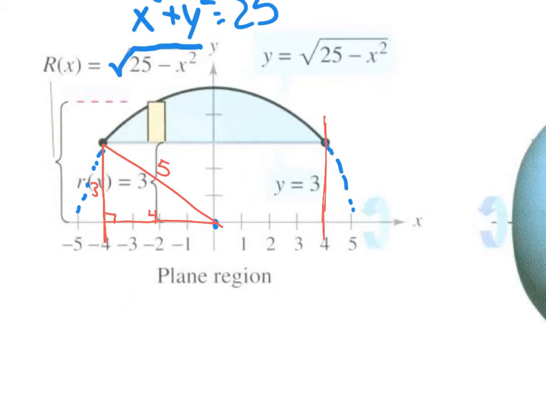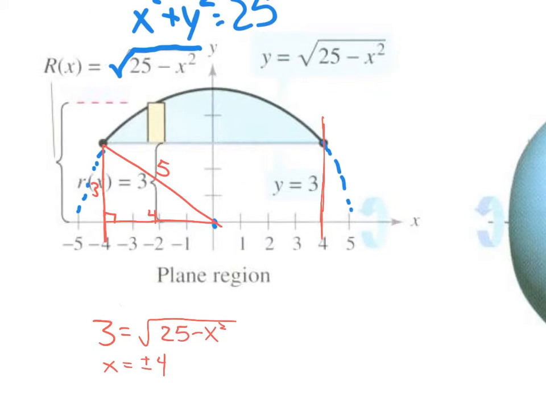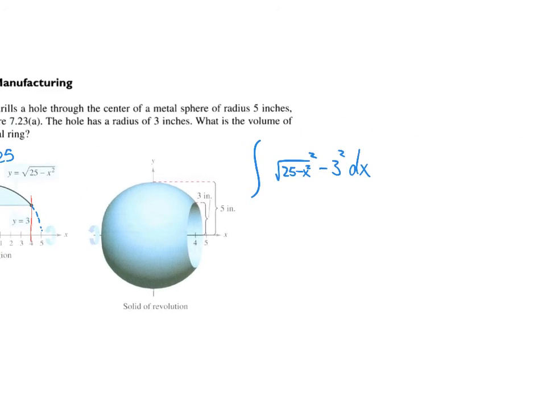Now, if you did set 3 equal to the square root of 25 minus x squared, you would get x is plus or minus 4. But don't forget to think. So we've got negative 4 to 4.